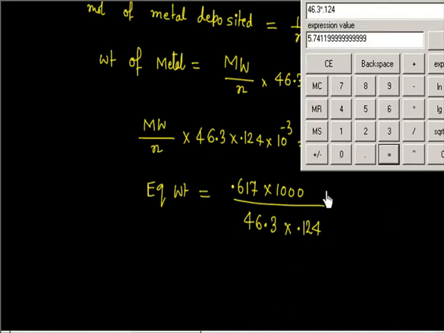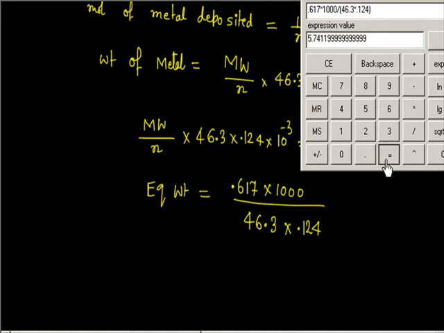So let us do this calculation. We have 0.617 multiplied by 1000 and divided by 46.3 into 0.124.